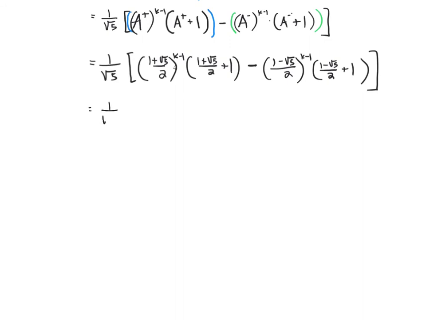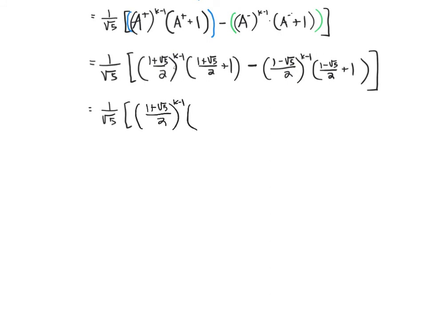We still have our 1 over root 5 here. Let's simplify inside of these brackets. So this is the same as 2 over 2. So this is going to be 3 plus root 5 over 2. So we still have this 1 plus root 5 over 2 to the k minus 1.